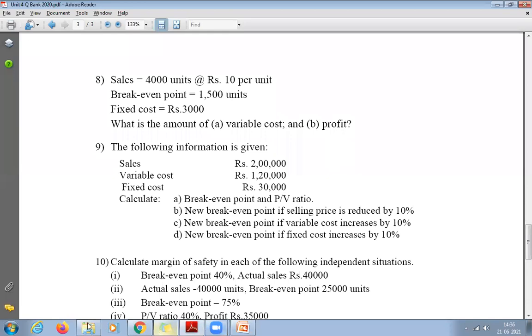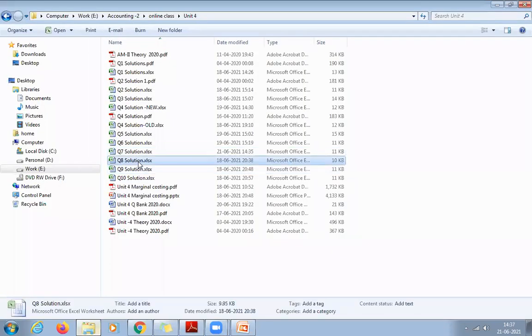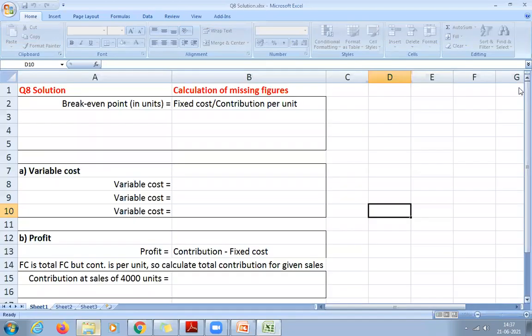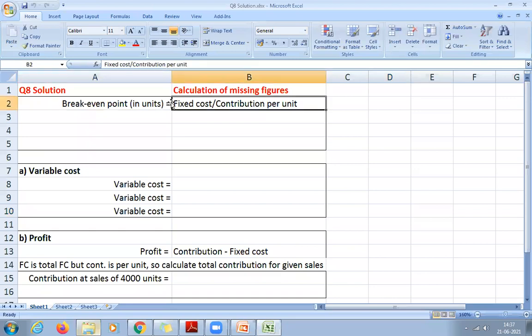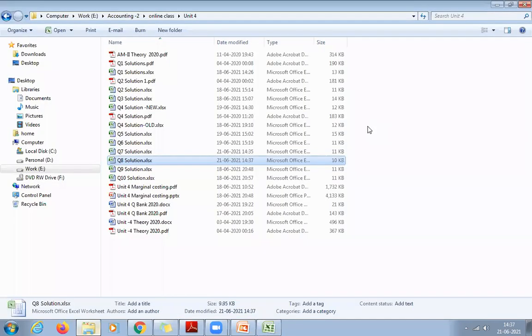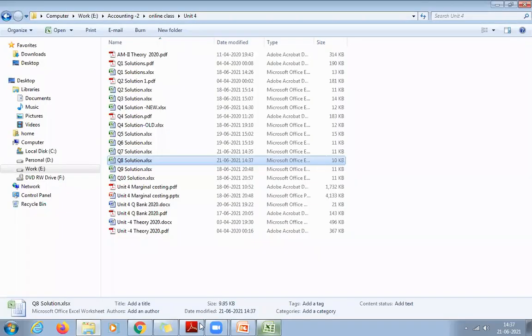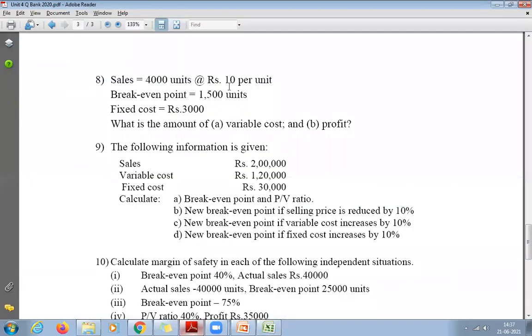That is question number 8. That is the break-even point calculation: fixed cost divided by contribution. Fixed cost is 3,000.